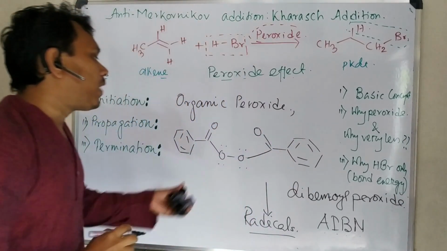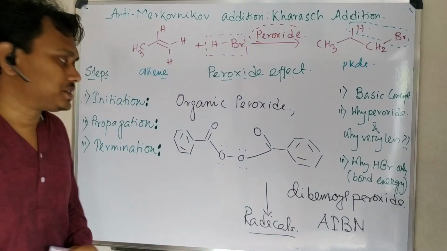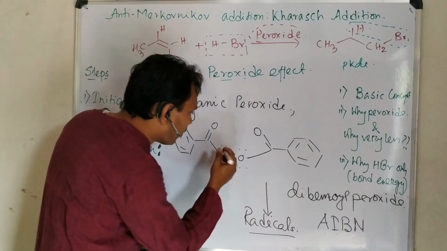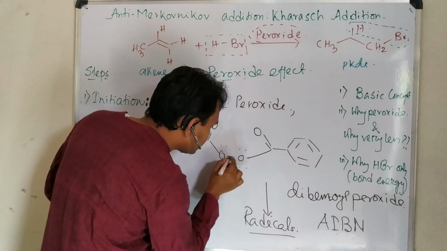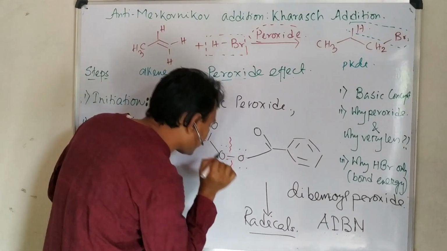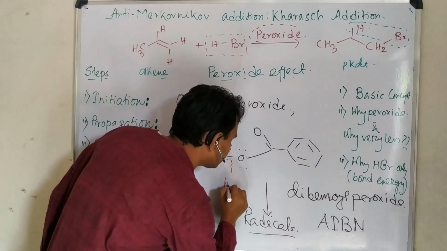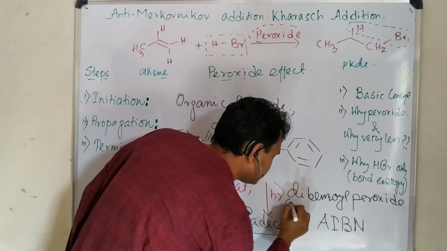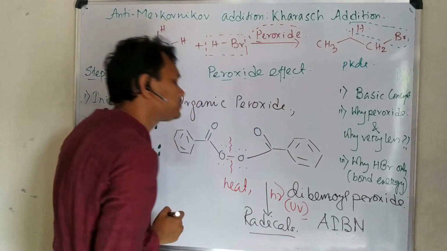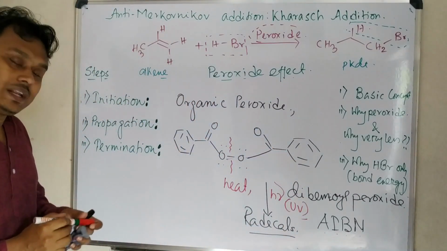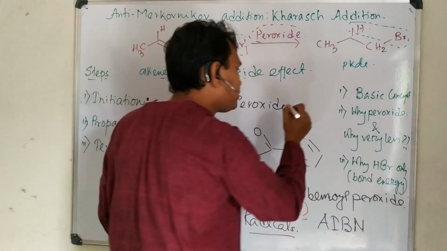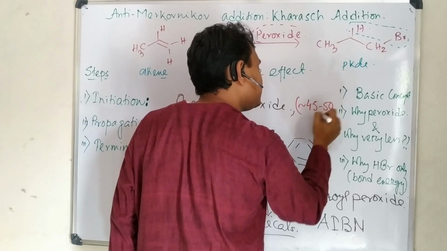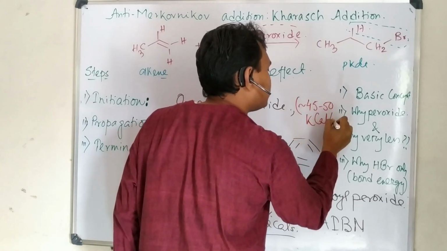So why is peroxide used for radical generation? Because this bond, you can see, is easy to break by heat or light. More specifically, in presence of UV light, it breaks. And why does it break? Because its bond energy is around 45 to 50 kilocalorie per mole.